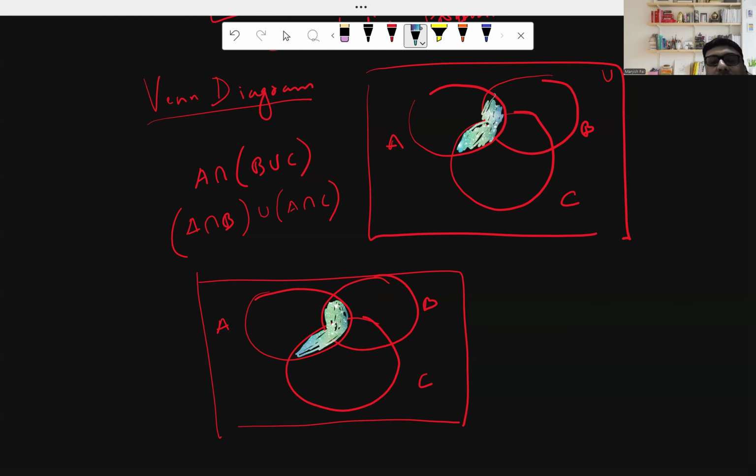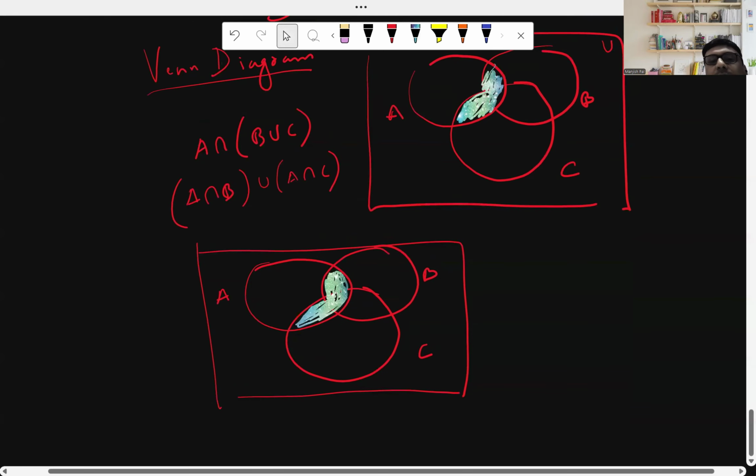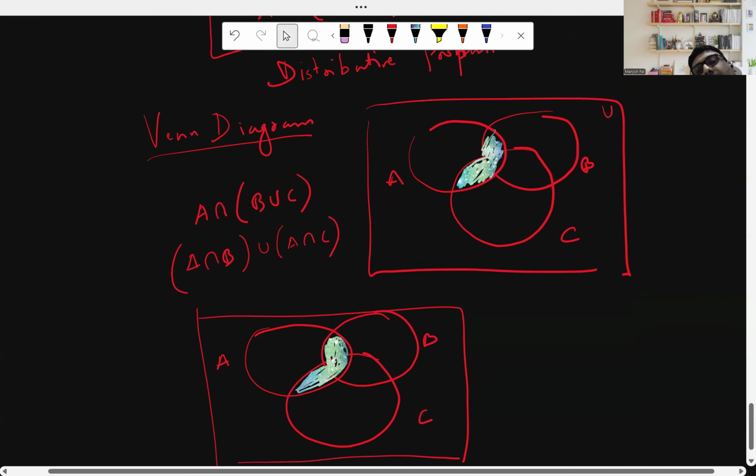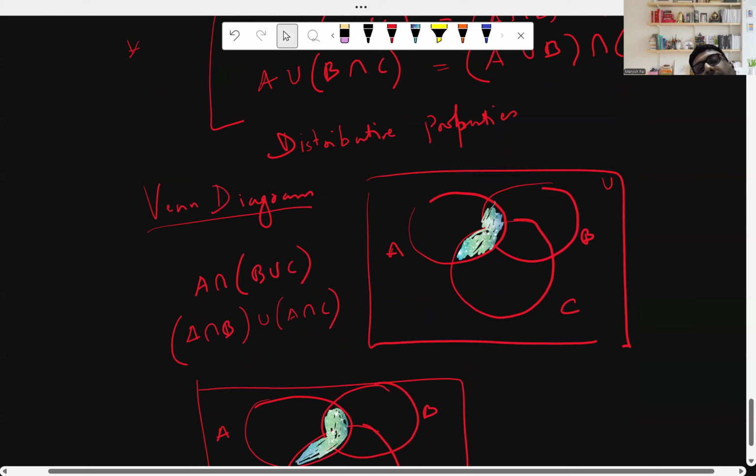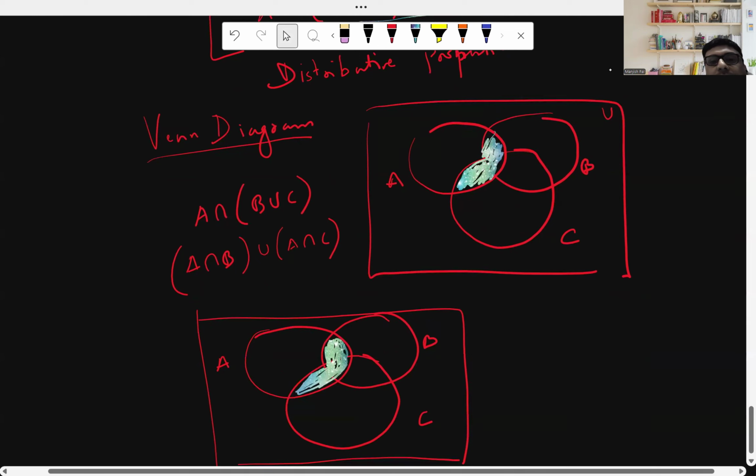So both these two regions are the same, and obviously one can verify the other distributive property, which is this one, also using Venn diagrams.